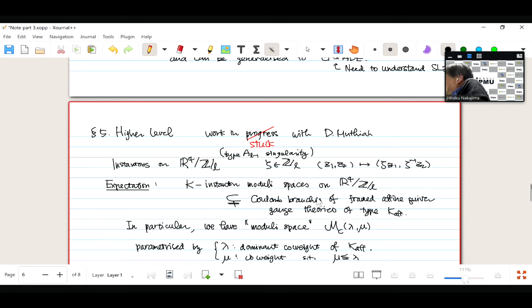Arakawa mentioned the Coulomb branch in his lecture, and maybe some of the audience are interested in it, but if I start to explain the Coulomb branch, I need too many preparations.